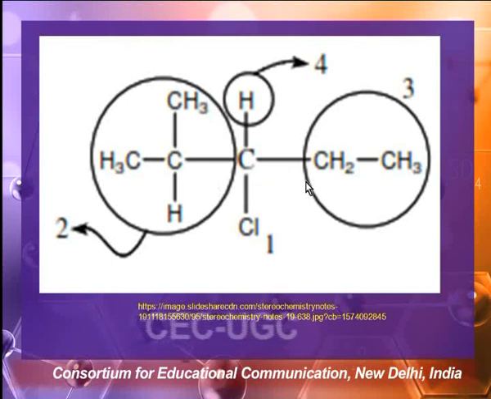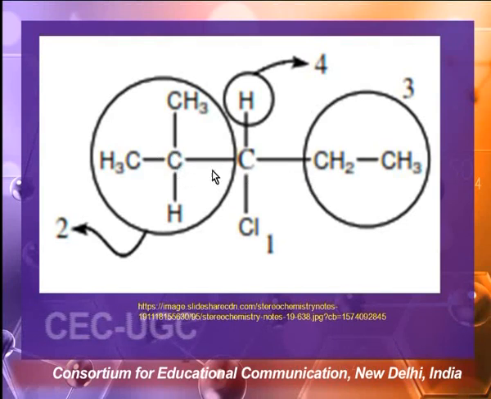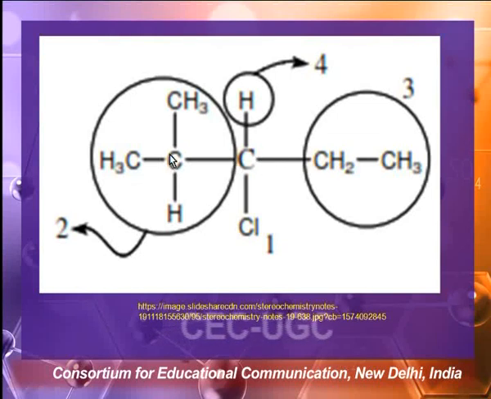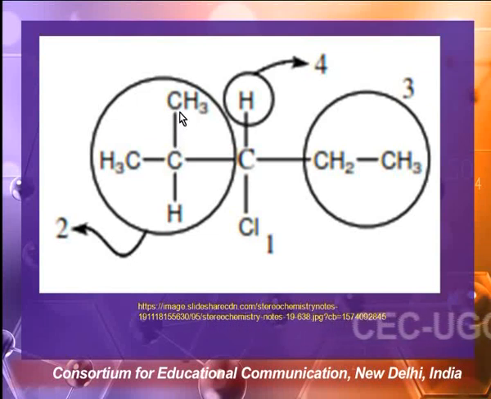Now we have to decide the priorities of these two groups, and in these two groups we cannot decide priority on the basis of carbon, because carbon is having the same atomic number. So we go on to hydrogen. Hydrogen here is also having atomic number 1, but when we go to this group here, carbon is having atomic number 6.